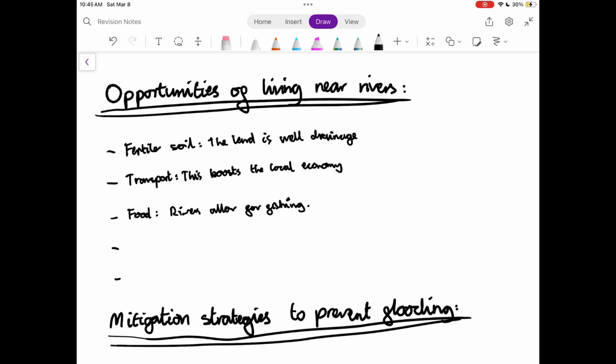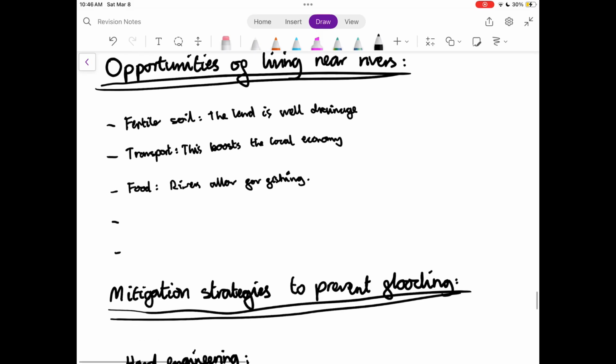So there is less chance that the people of the settlement will contract diseases such as malnutrition or salmonella, etc. And it can also boost tourism. And this is because some visitors may like to be near rivers. So this can also boost the local economy.